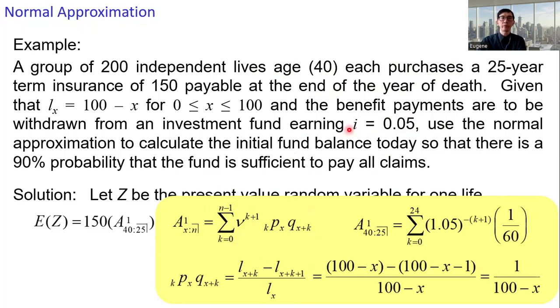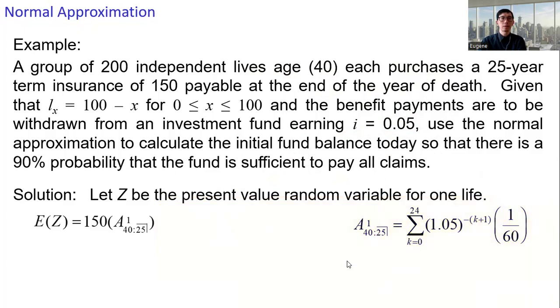v is 1 over 1 plus i, which is 1 over 1.05. kpx times qx+k is 1 over 60. And we get this expression, and then this summation.